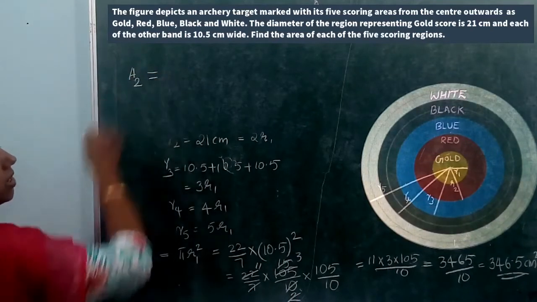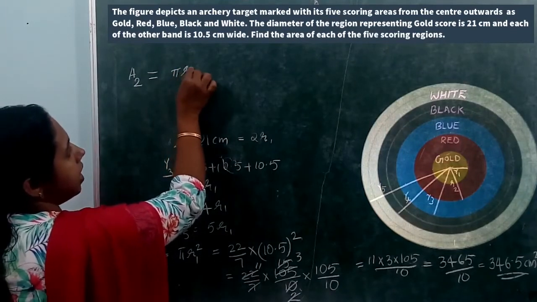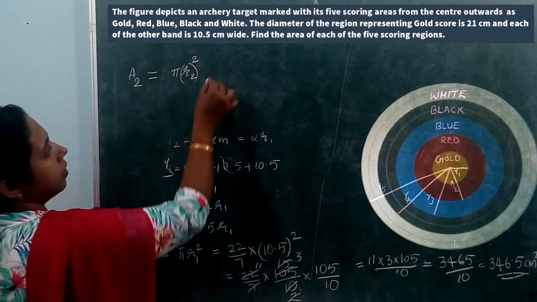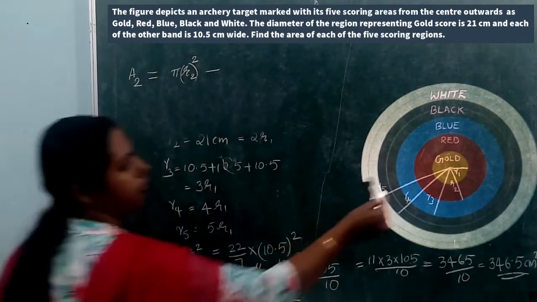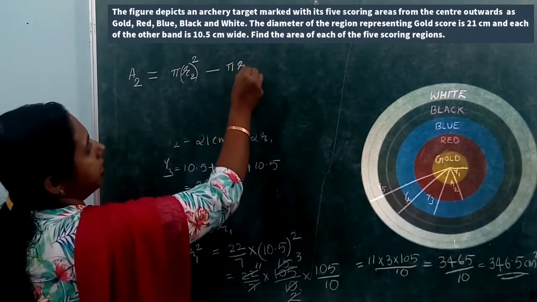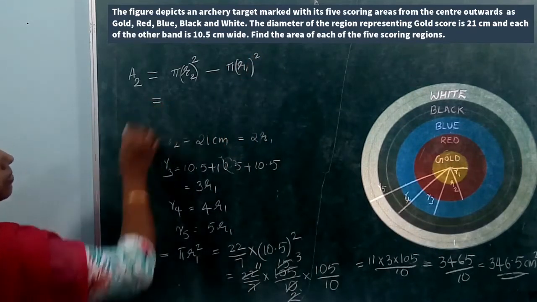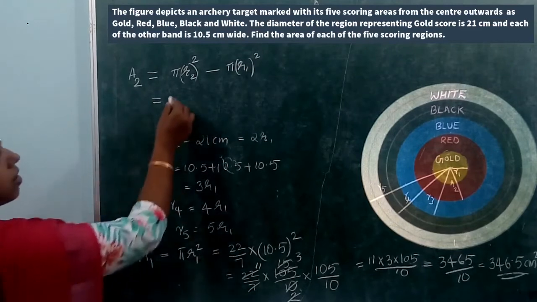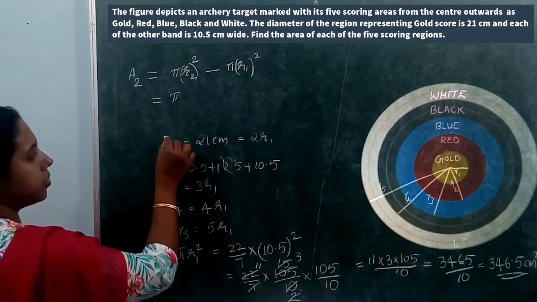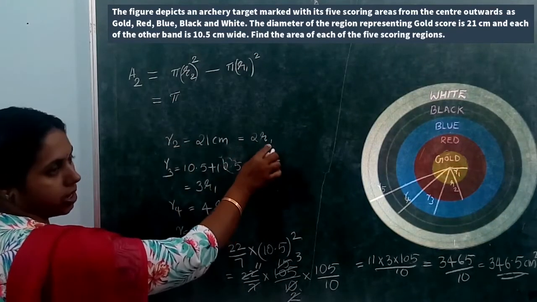Area of the red region is equal to area of big circle, that is pi r2 square minus area of the golden region, so pi r1 square. Here r2 is equal to 21 centimeter. That means it's a double of the first radius.